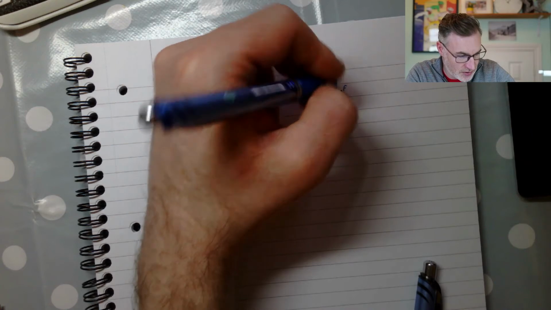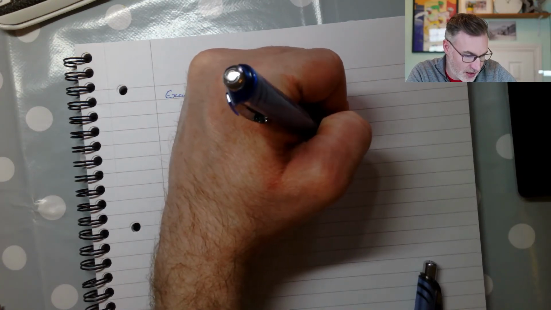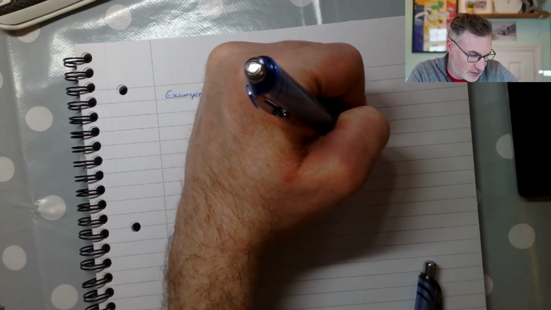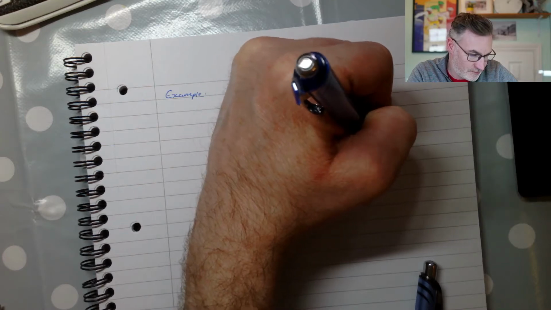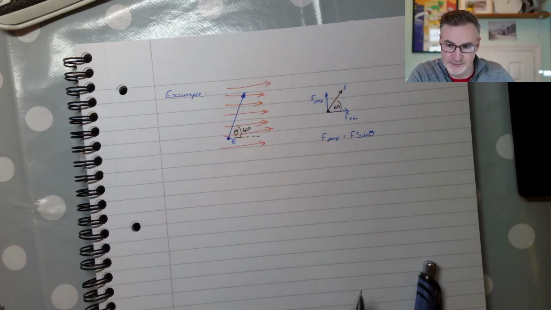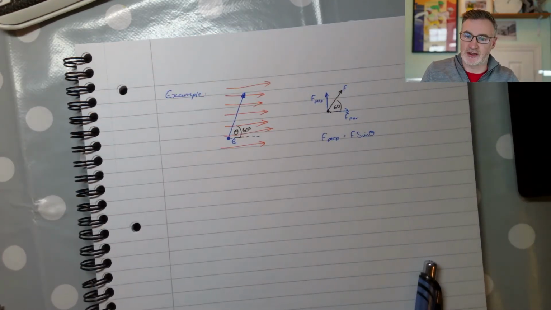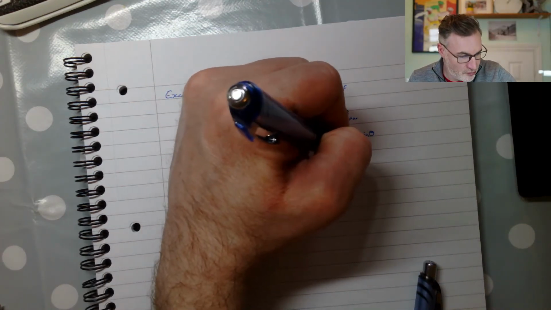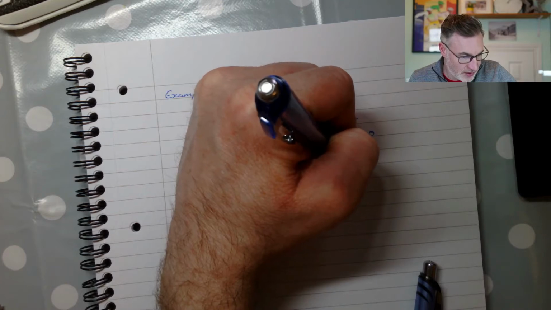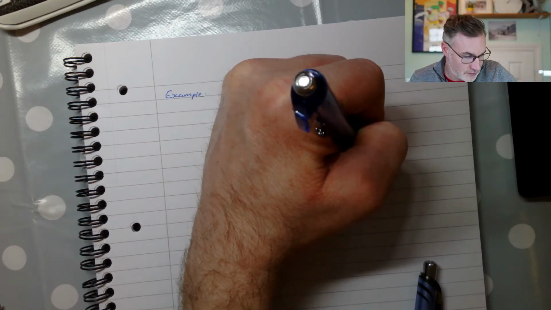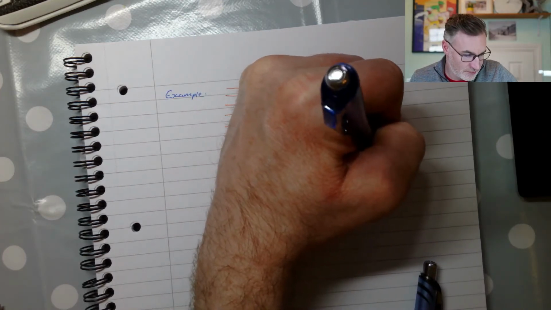And so the force that's perpendicular, so F perp will be F sine theta, which is where we get our F equals QVB sine theta. But our force parallel is going to be F cos theta.